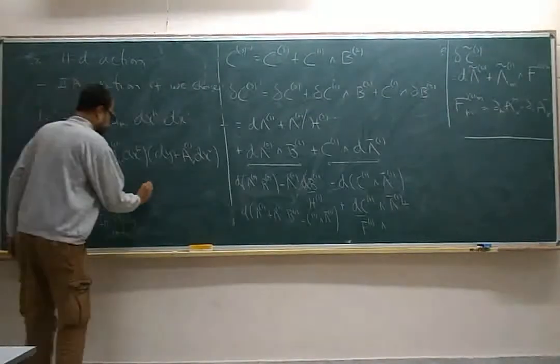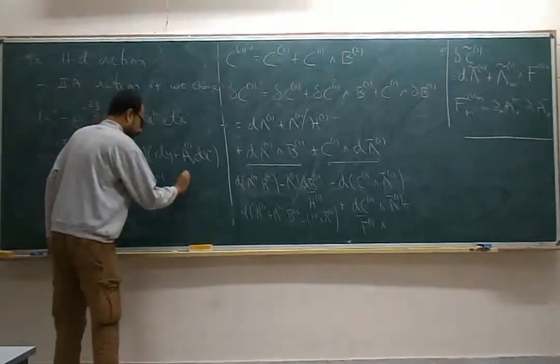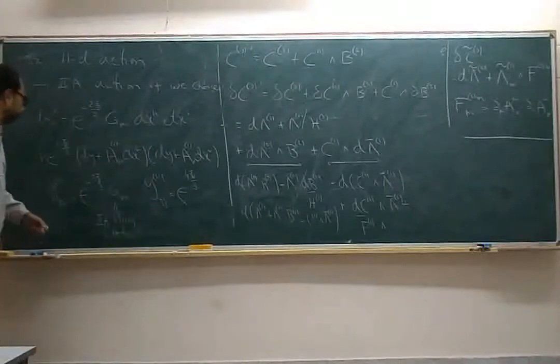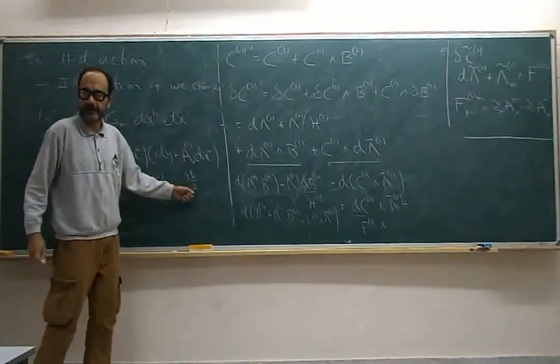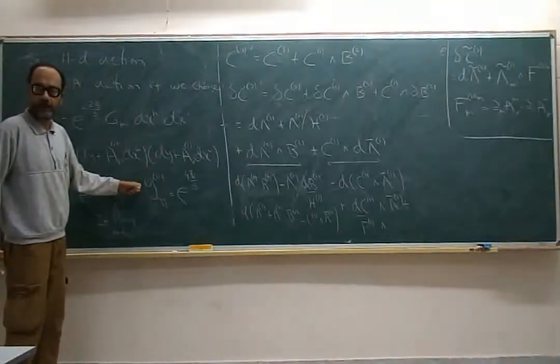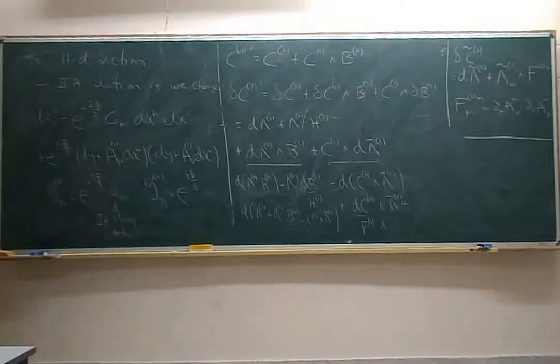And it's also saying that G11 YY is e to the 4 phi by 3. So this gives the precise relation between the dilaton of type 2A string theory and the YY component of the 11 dimensional metric. Once you make this choice, other relations I have already said what they are. You can show that the 11 dimensional action directly reduces to the 10 dimensional type 2A supergravity action.